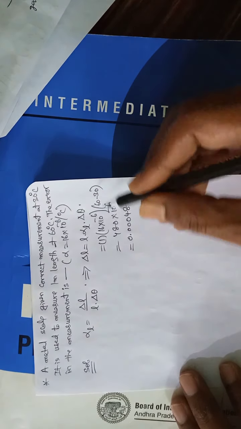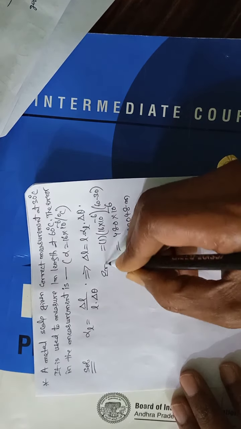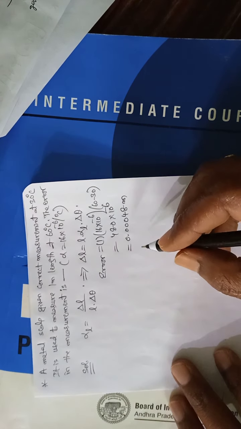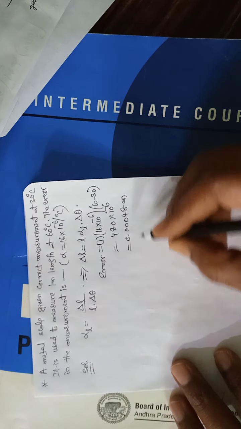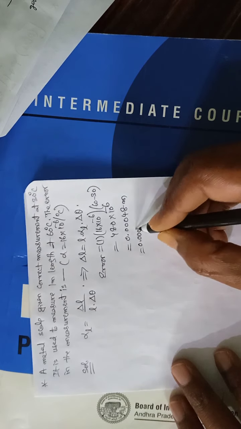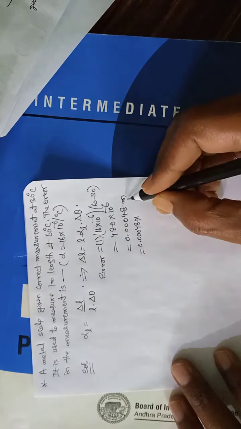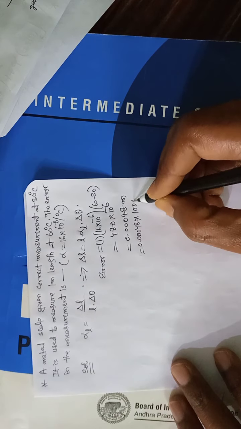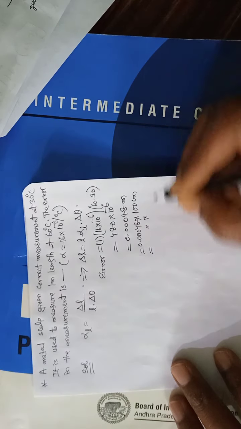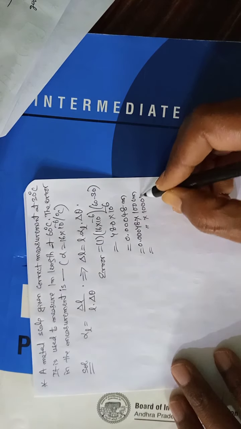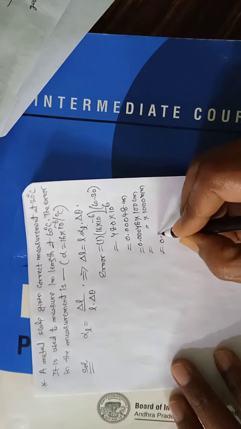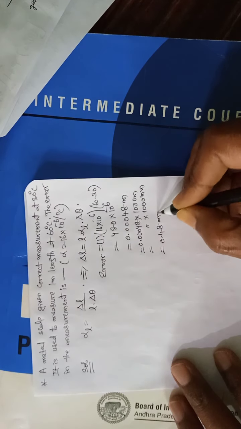So here the delta L is the error. This 1 meter means 100 centimeters, and if it is given in mm, so 0.48 mm.